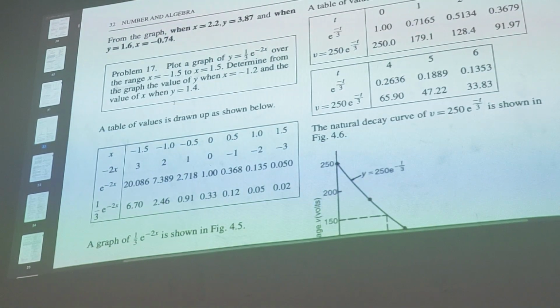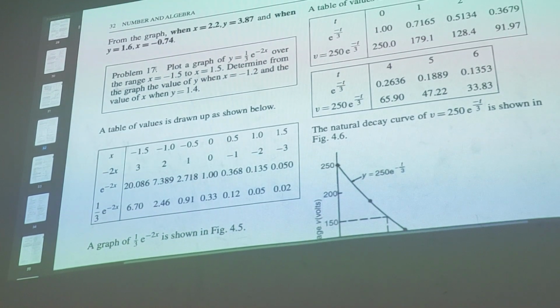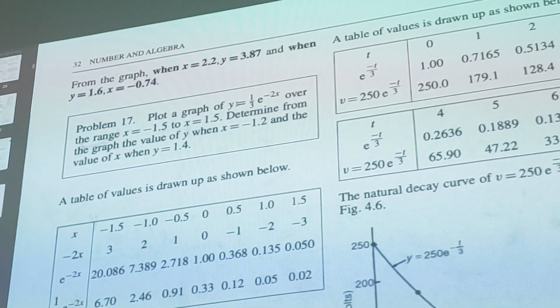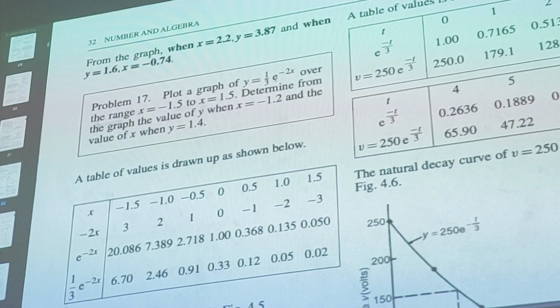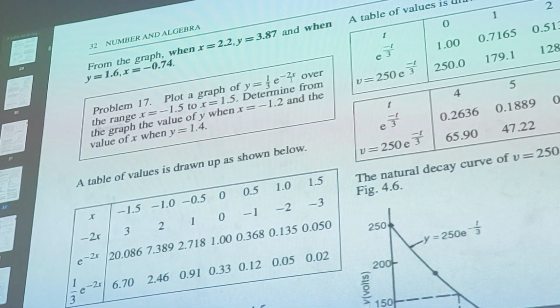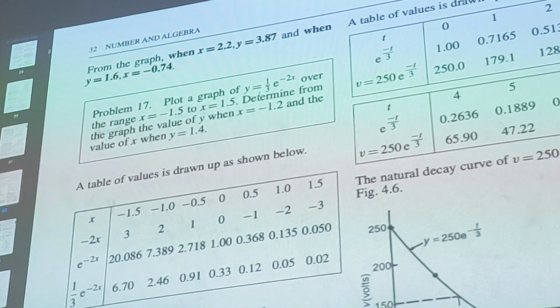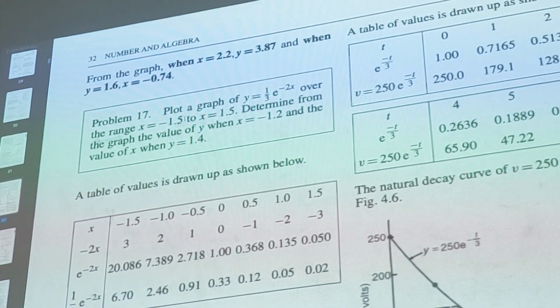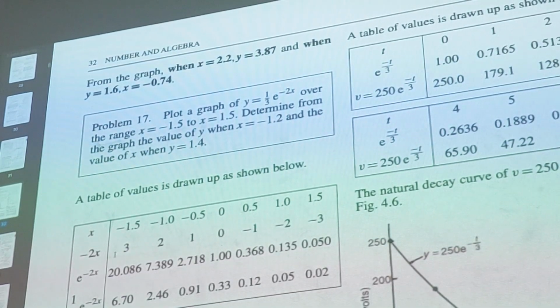Okay, we continue to the next equation, problem 17. Plot a graph of y equals 1/3 multiplied by a power of minus 2x, over the range between x equals minus 1.5 to 1.5. So this is the range.